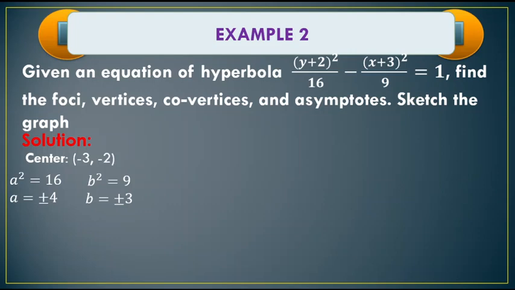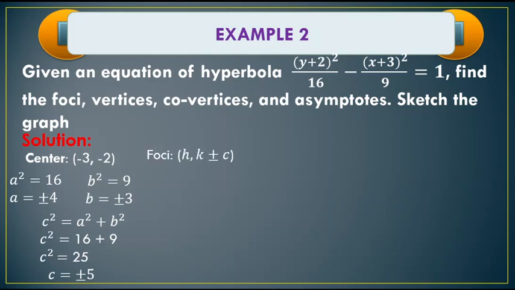Kaya mapapansin ninyo, dapat mas malaki yung value ng C squared. So, we have C squared is equal to A squared plus B squared. Substitute natin yung A squared and B squared, and that is 16 plus 9. So, C squared now is equal to 25. And then, square root both sides, we have C is equal to positive and negative 5.